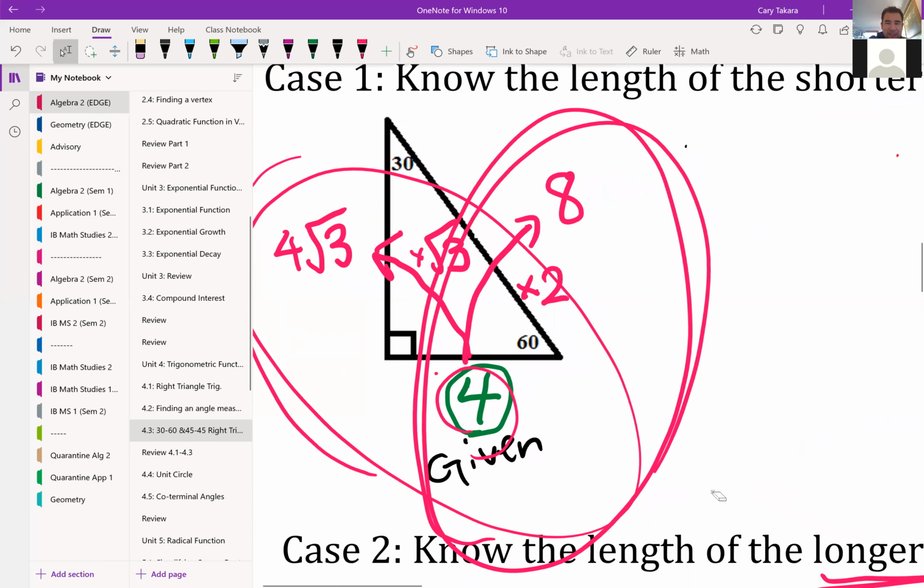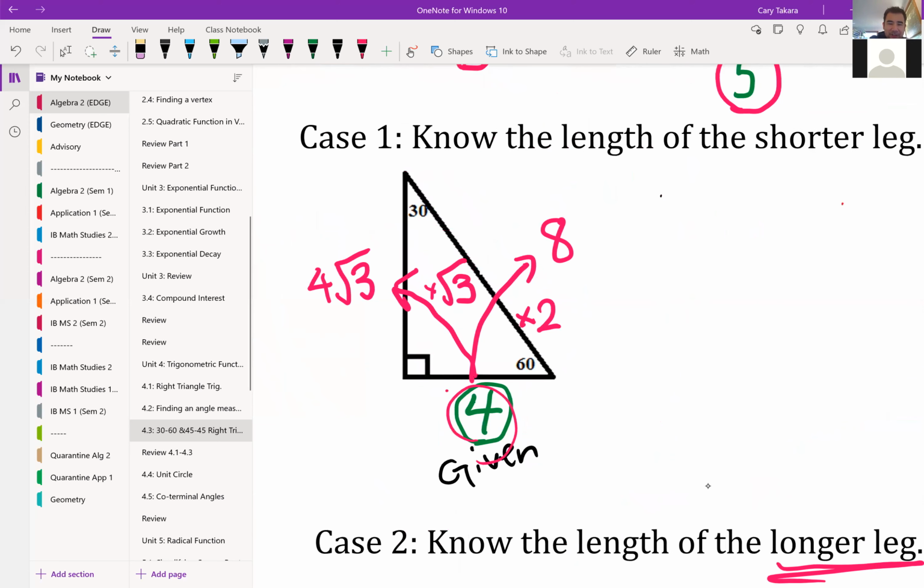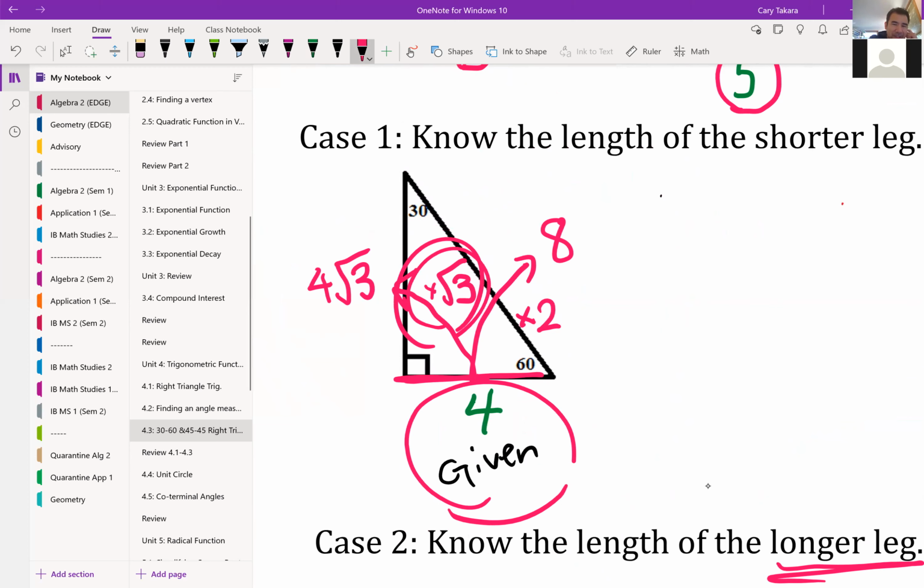But this one, let's clear up a little bit here. In this case, you know the short leg. So what do we need to do? You need to double to get to the hypotenuse, and then you multiply by square root of 3 to get to the other leg, right? So you got to remember which case each problem will fit.